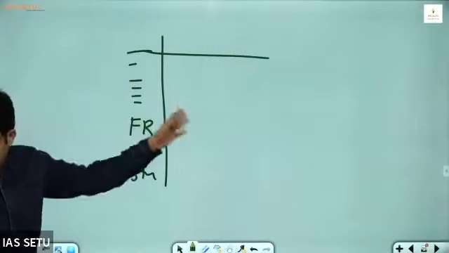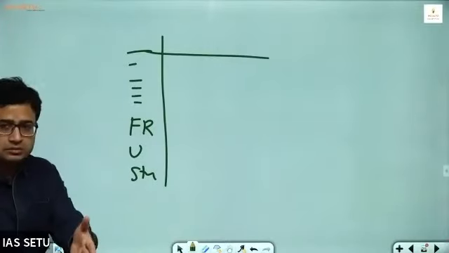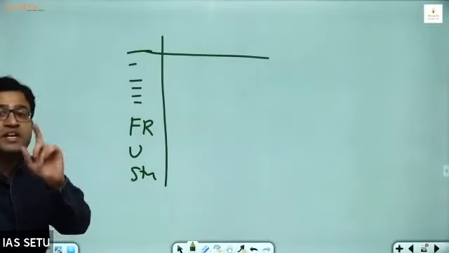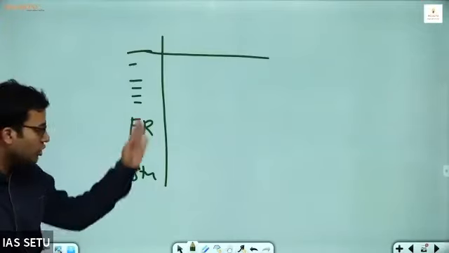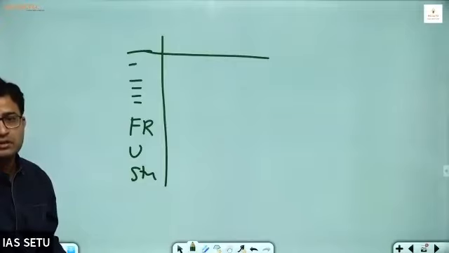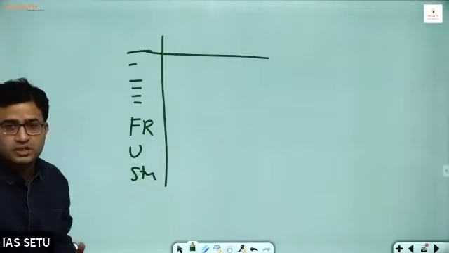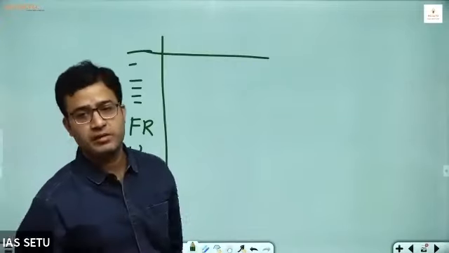Economics, if you do this analysis, I tell you there are two topics, money and banking, that is the most favorite topic of the examiner. Geography, mapping area, drainage system, every year there is a question. So this analysis is very important.